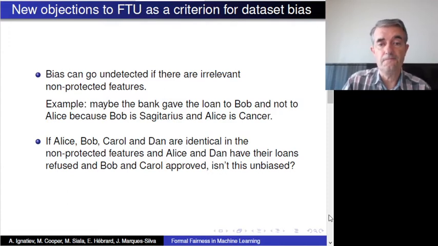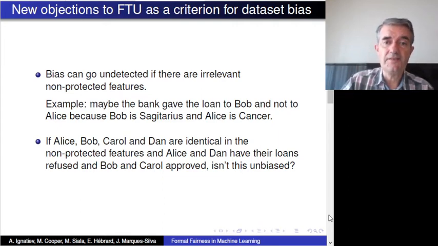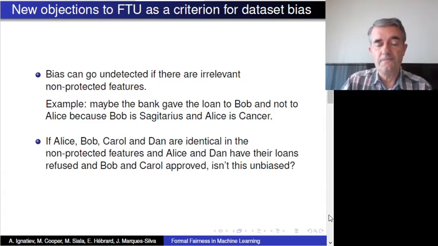Another more subtle point is that maybe just looking at pairs of examples is not the only criterion for deciding bias, because there's a difference between bias and fairness and arbitrary decisions.